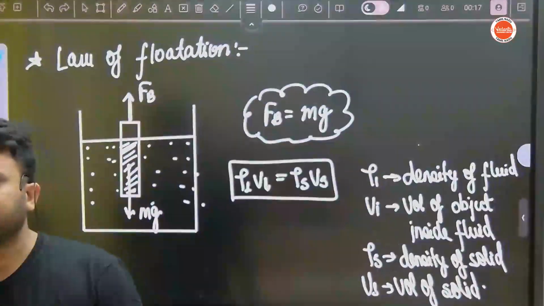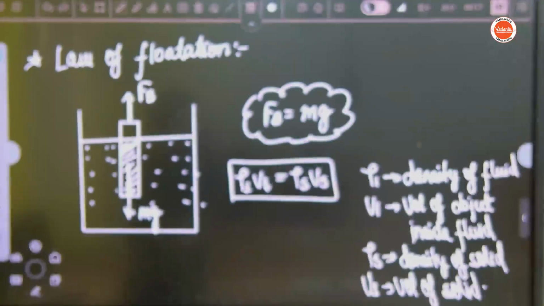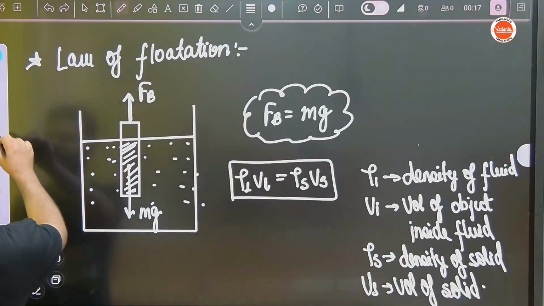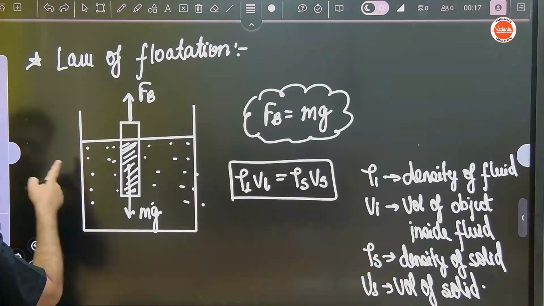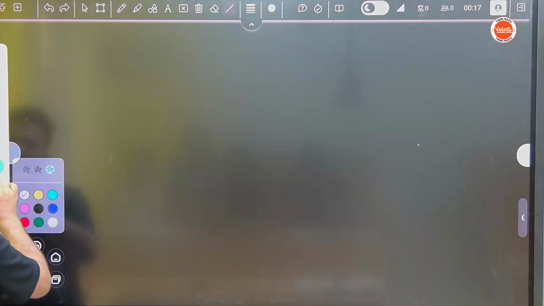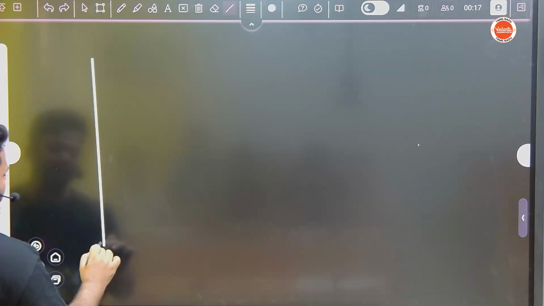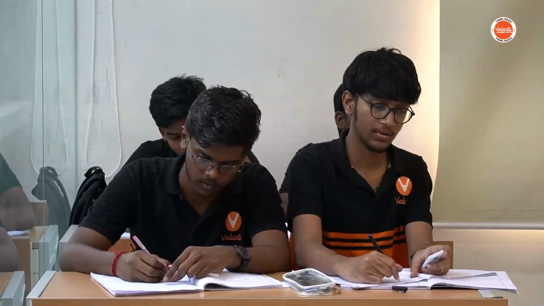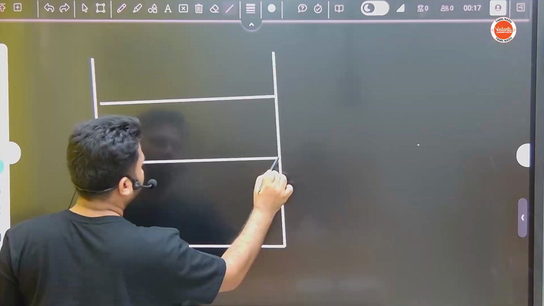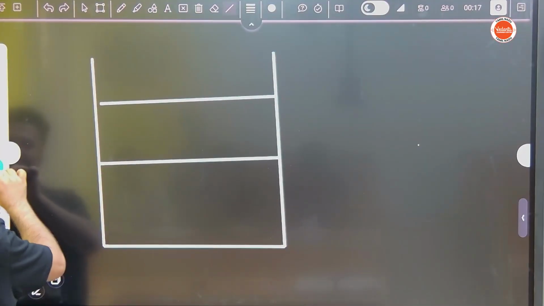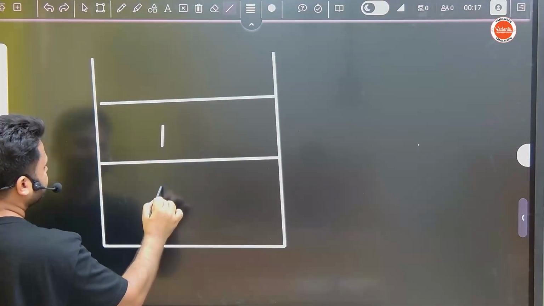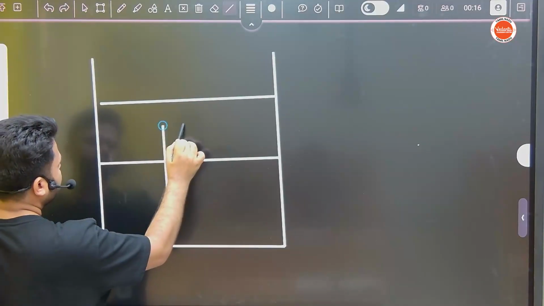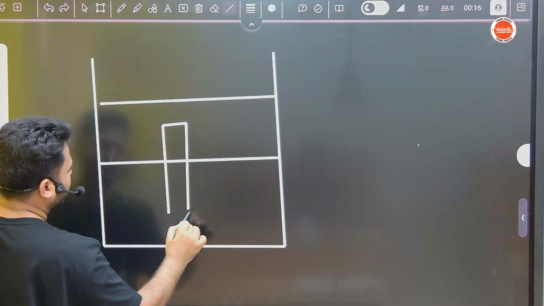Now sometimes they give two liquids. They have asked this in one of the NEET exams. They will not give one liquid; rather, they give two liquids like this, and the object is floating like this.